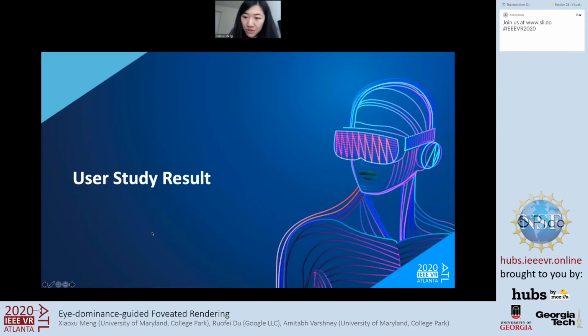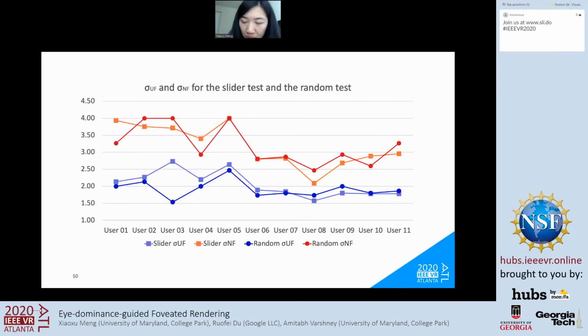We did our user study for 11 users, and now we present the results. We compare sigma UF and sigma NF estimated from 2 tests of the 11 users. We can observe an obvious gap between sigma UF and sigma NF.